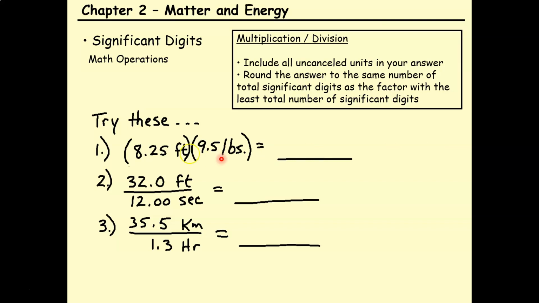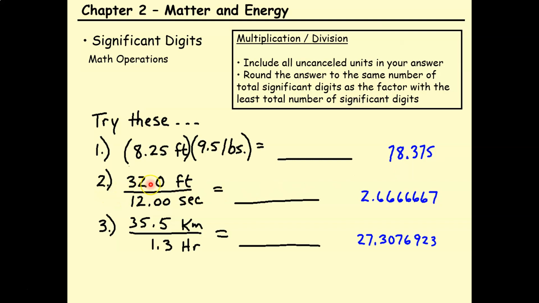Looking at the numbers here, 8.25 has 3 digits. 9.5 has 2 digits. So when I round it, I'm going to have to round it to 2 digits. I don't really care where the column is. Now what would my calculator say? If I take 8.25 times 9.5, calculator will say 78.375.